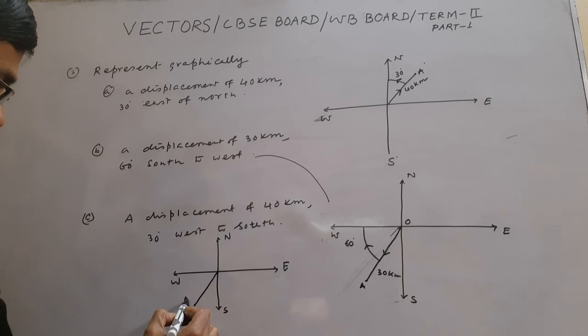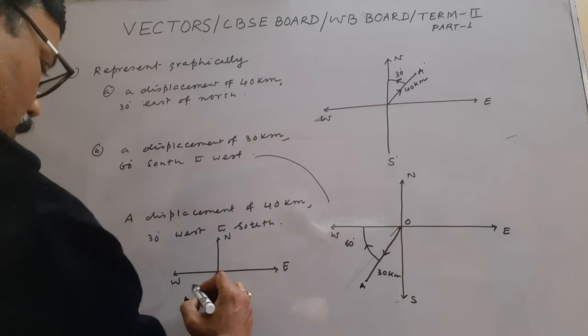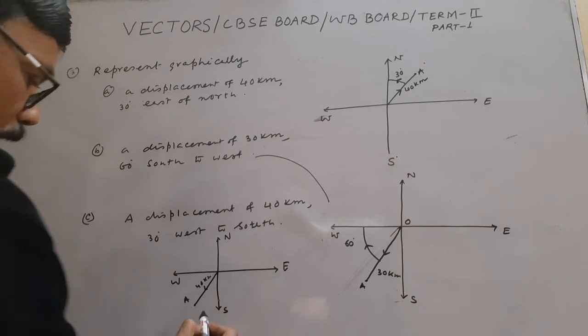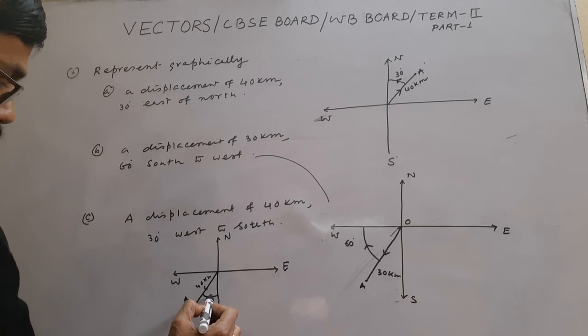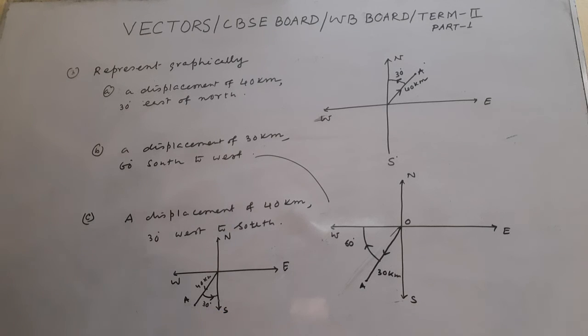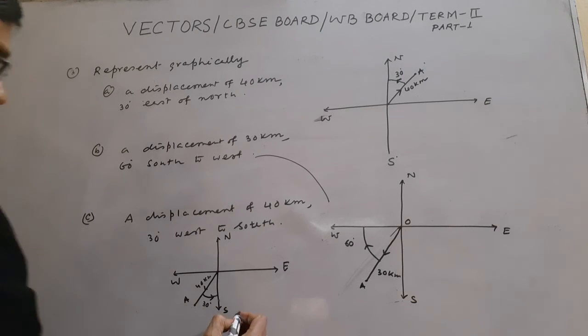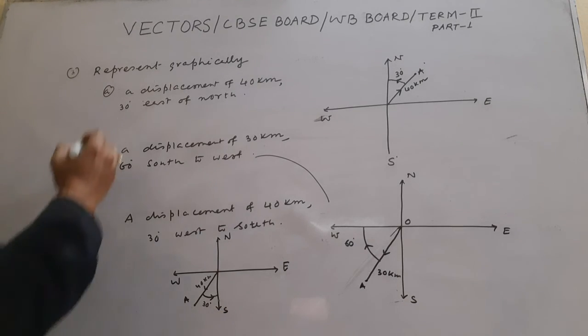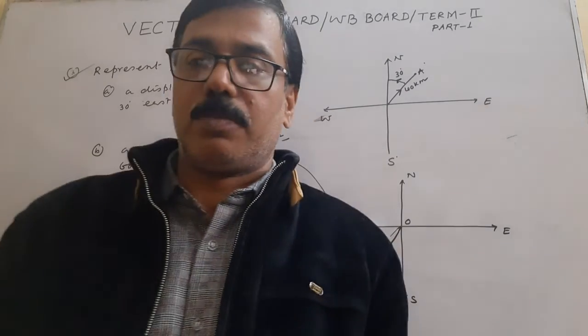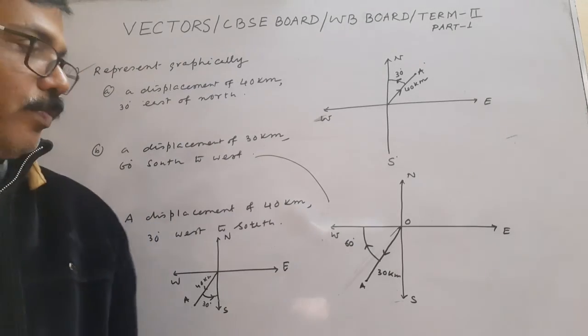West to south, OA is 40 kilometer, and it is measured west to south. This is 30 degree. So, representation of displacement vector.